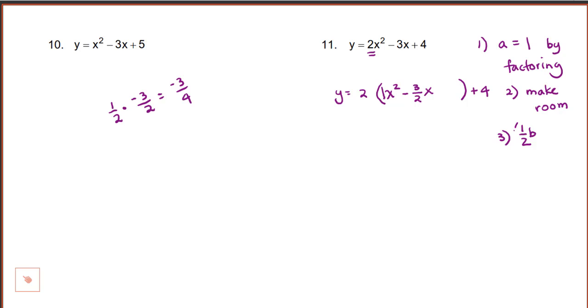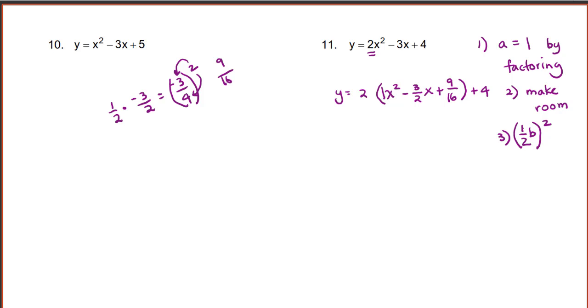And then I square it. So if I square this, I get what? 3 times 3? 9. 4 times 4? 16. And I add the 9 over 16 here.